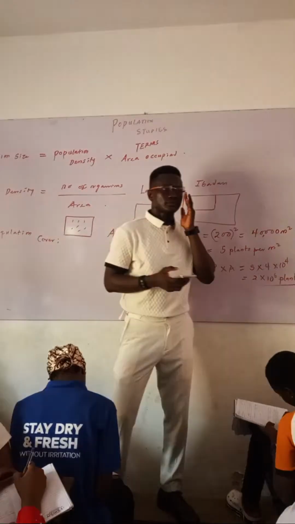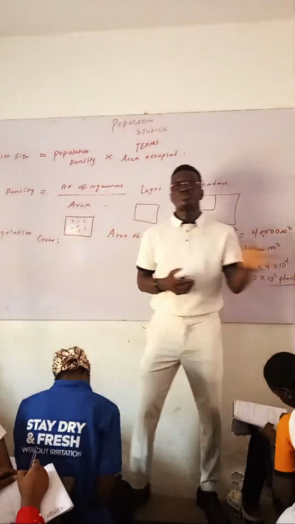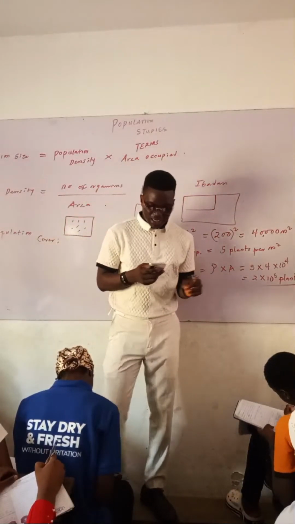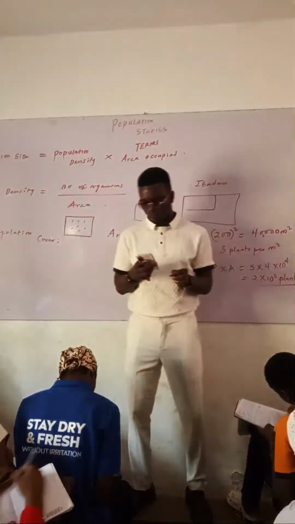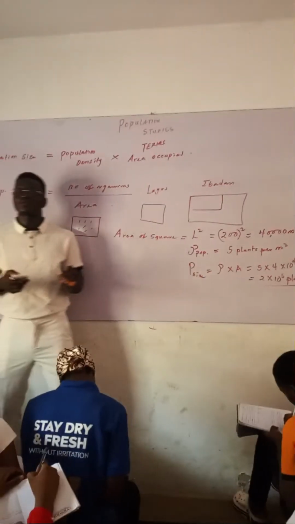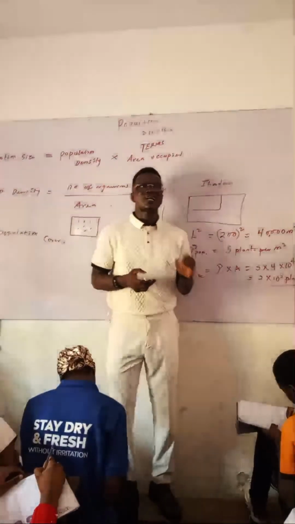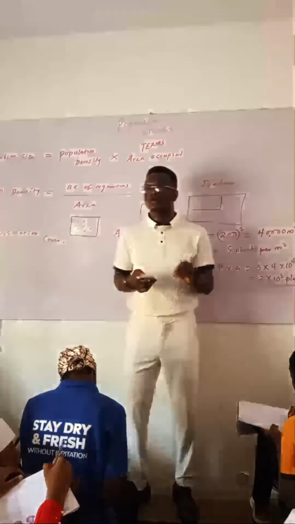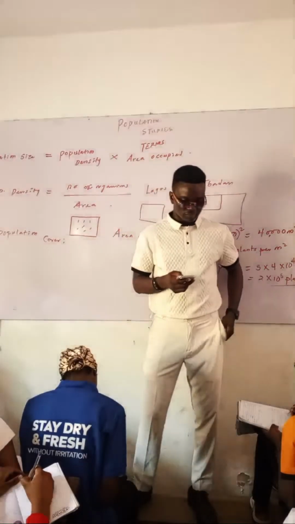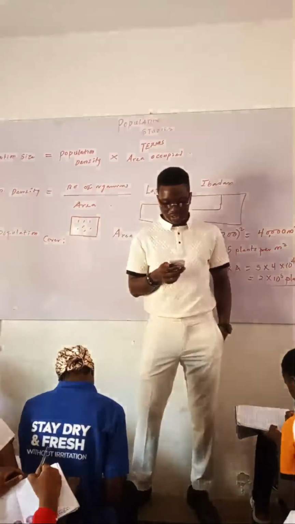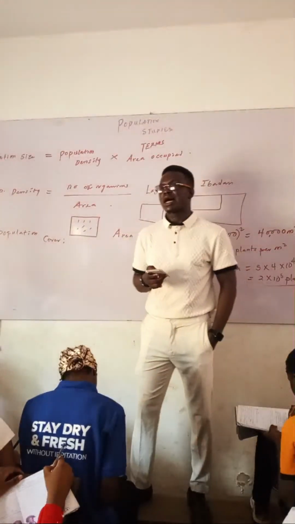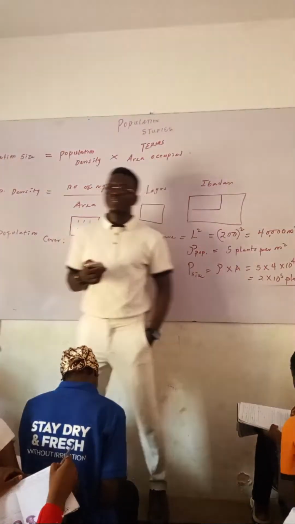Population distribution is defined as the manner in which individuals or organisms of a particular population are arranged in a given habitat.